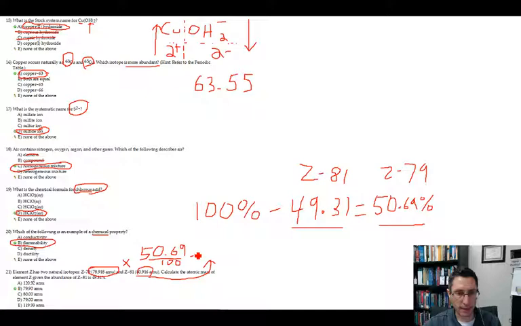Then to that we add 80.916 times 49.31 divided by 100. Adding those two results together should have given this 79.90.